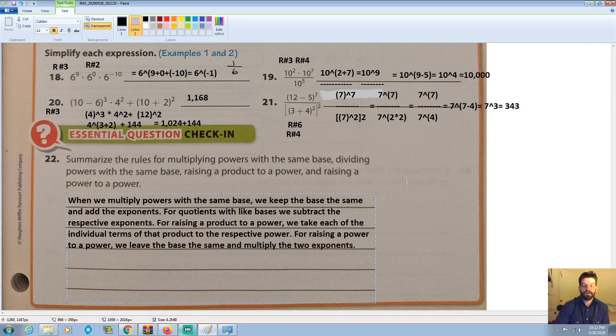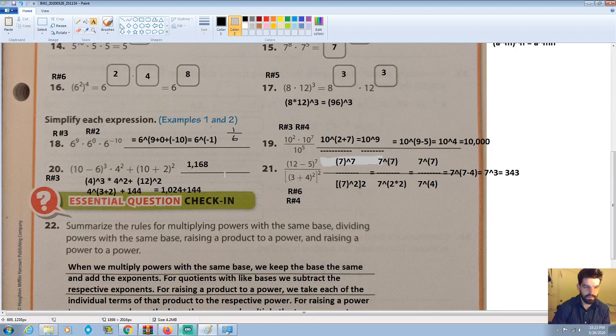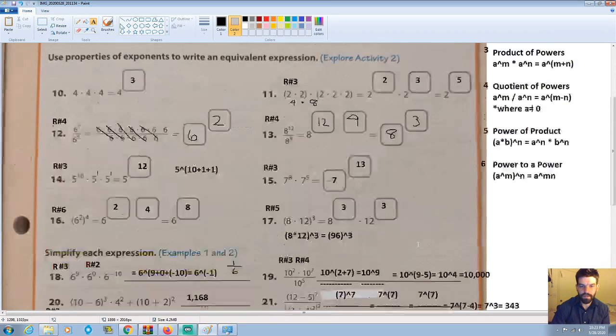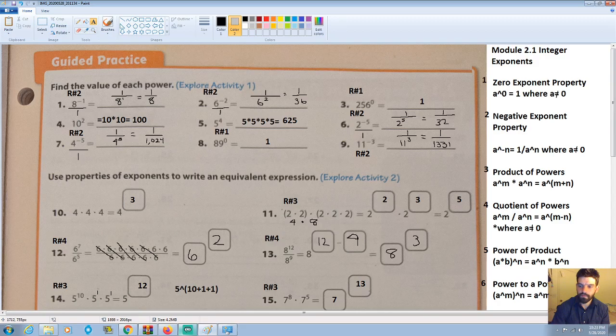Alright guys, I hope this helps you out. I know this one was a little bit more detailed, especially with these expressions down here. But these 6 rules really come in handy for starting to see these exponents as part of expressions.